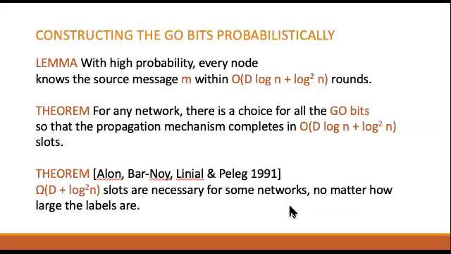Hence, by the probabilistic method, for any network, there exists a choice for all the go bits so that the propagation mechanism completes within O of d log n plus log squared n rounds. Since each round consists of 3 slots, this is also an upper bound on the number of slots. Thus, our algorithm, which uses only 3-bit labels, runs almost as fast as the best deterministic radio broadcast algorithm, which uses large labels.